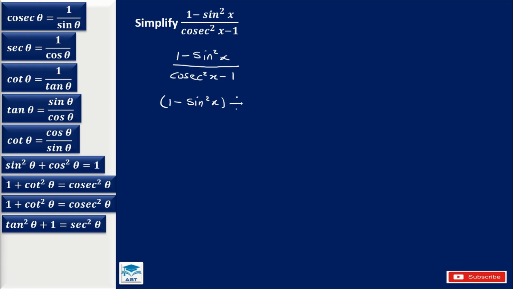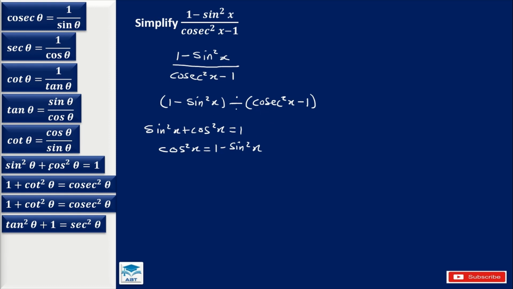We know that sine square x plus cos square x is equal to 1. So if we send sine square x to the other side of the equation, we have cos square x is equal to 1 minus sine squared x. So we can replace 1 minus sine square x with cos square x.